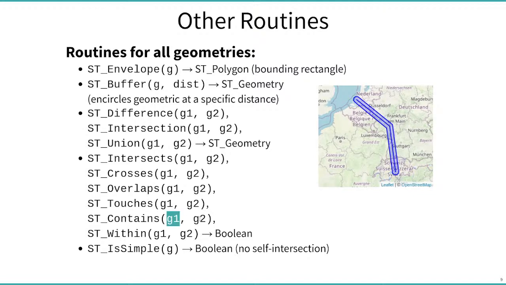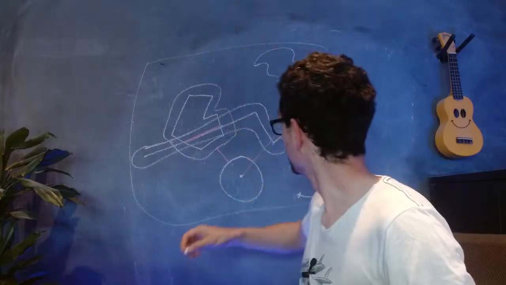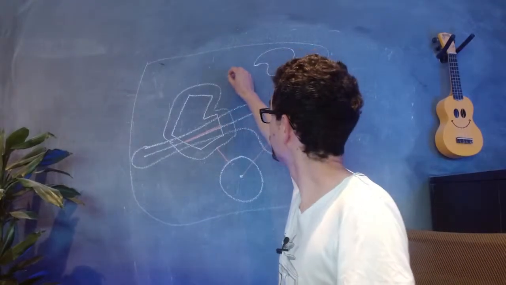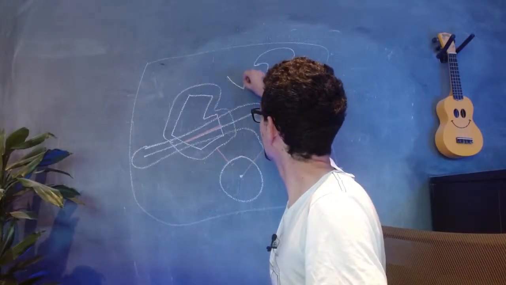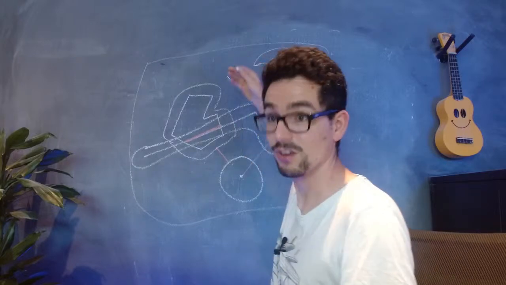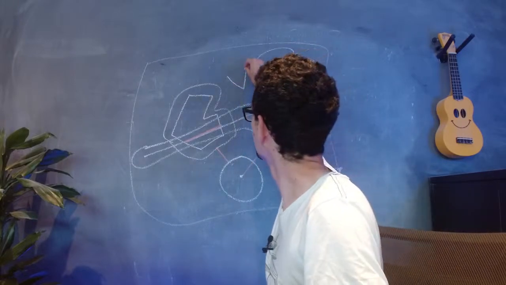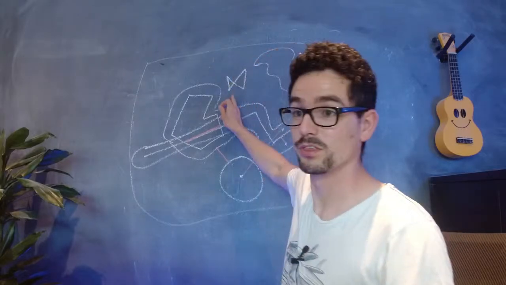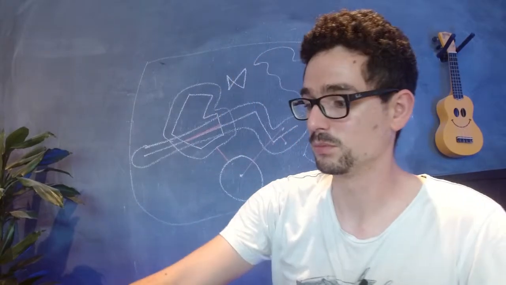G1 contains G2 is the case when G2 is within G1. And there's a function IsSimple if it does not intersect with itself. All line strings that we already had are simple, but if they are intersecting with themselves, then it's not simple.